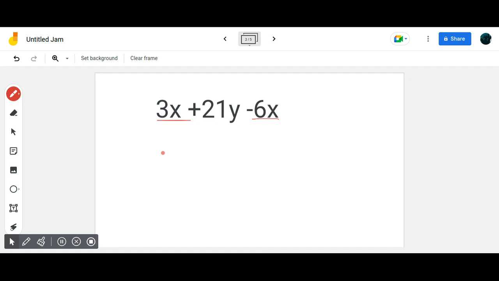So when we have like terms, what we normally do to make things easier is we group our like terms. So I'm going to go ahead and group my like terms. So 3x. Please pay attention to the sign when grouping. The sign that is present in front of the term, please maintain that sign, or bring that sign when you're grouping.